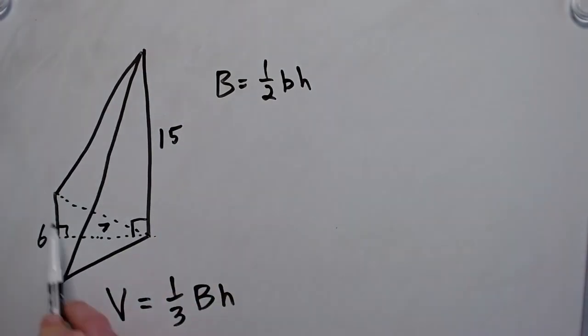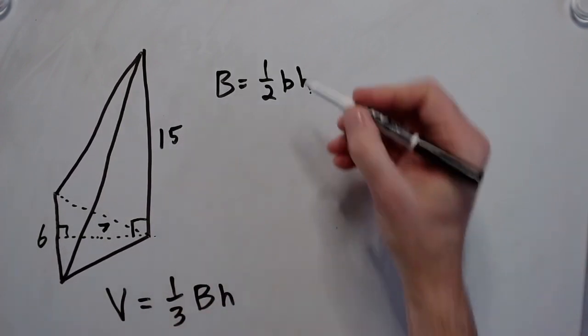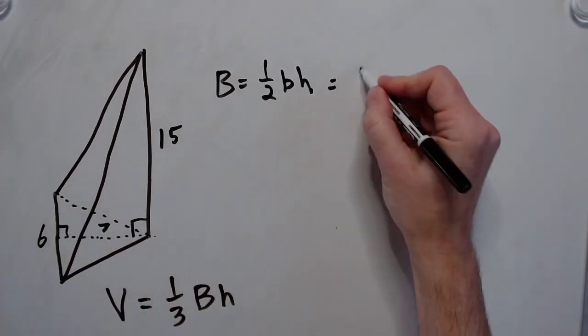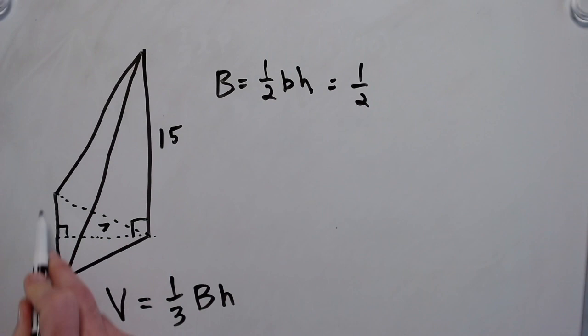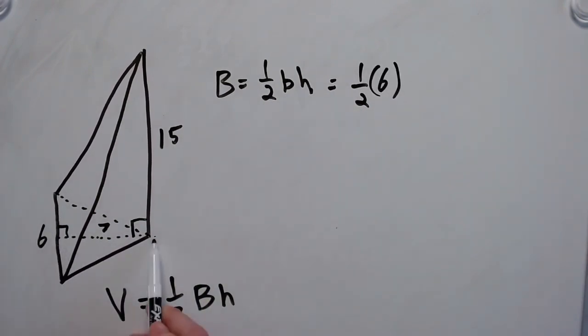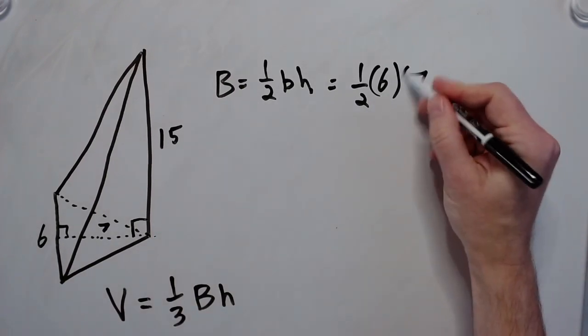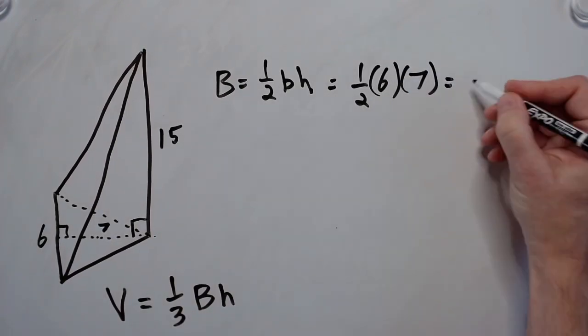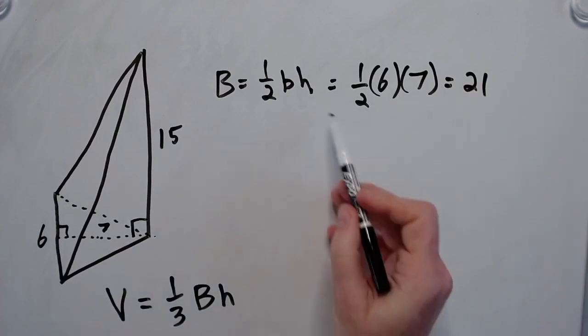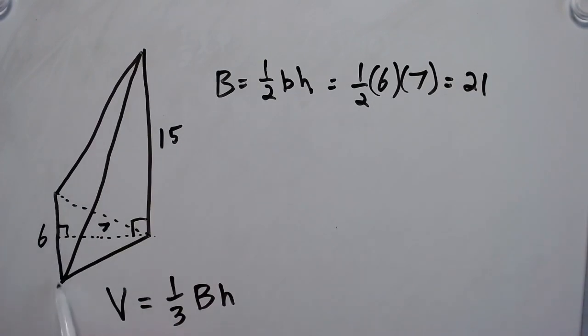And little b is the base of this triangle, and this h is the height of this triangle. So we've got a couple of little h's here. Let's be careful. So we're only talking about this little triangle down here. So 1/2 the base of this triangle is 6 times the height of this triangle is 7. This equals 21. So that's this B, the base area of the pyramid, is 21.